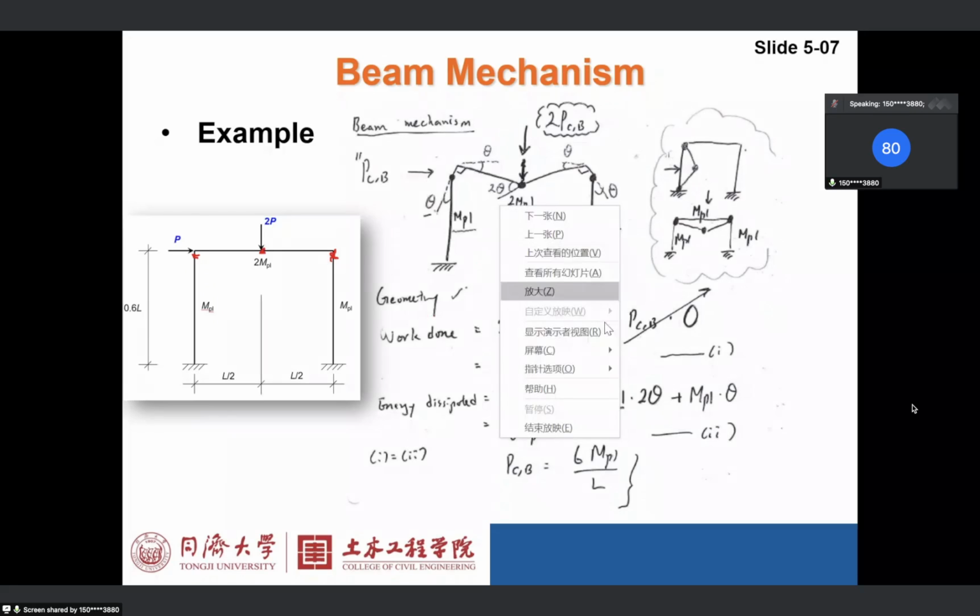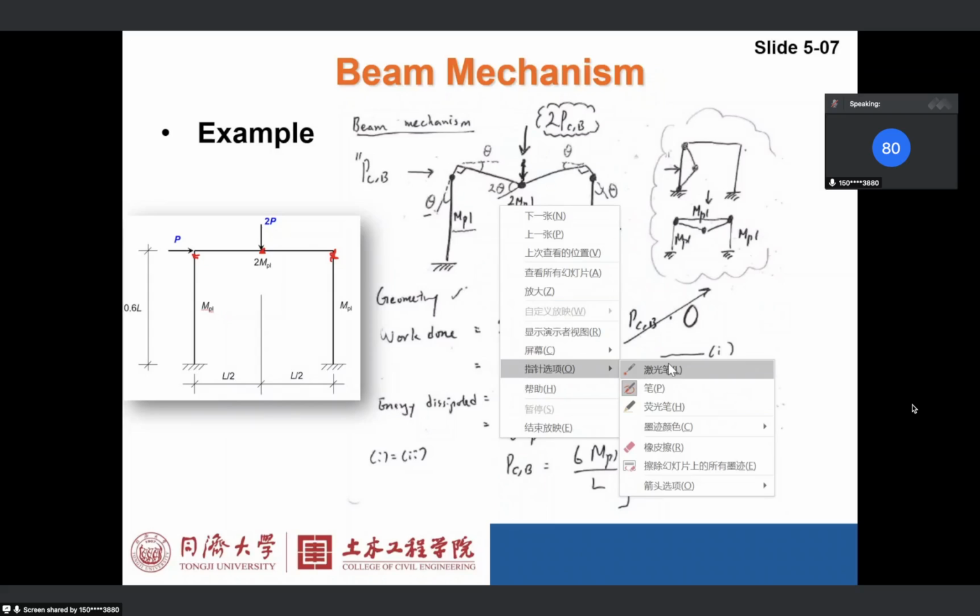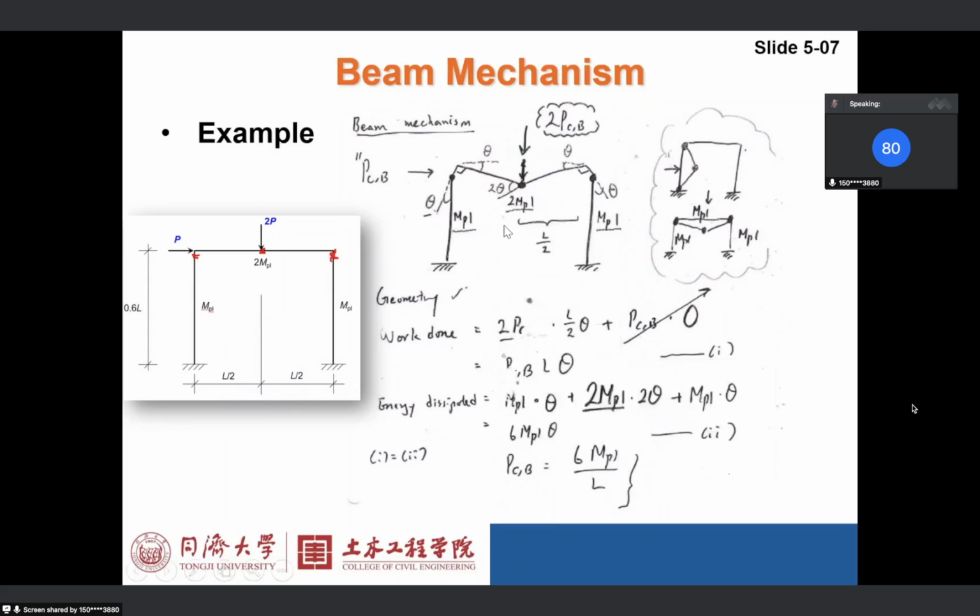So it happens in the column. The energy dissipation at this point is MPL times delta. This is delta.